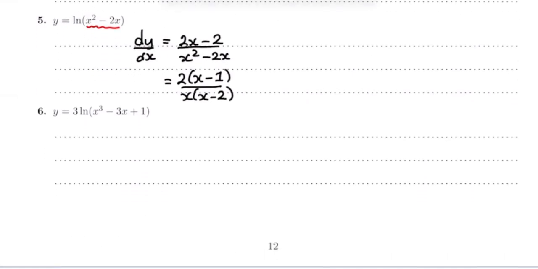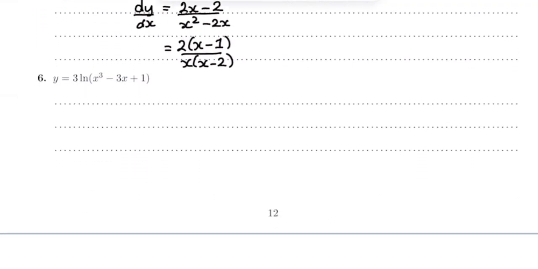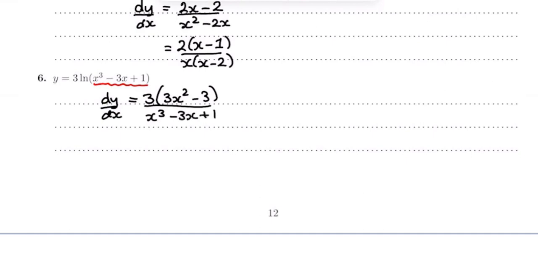Again, with this one, same thing again. You are taking the natural log of a cubic, so dy/dx equals, we've got the 3 at the front, and then if we differentiate the function we're taking the natural log of, we get 3x squared minus 3, and then the denominator is just the function that we were taking the natural log of.